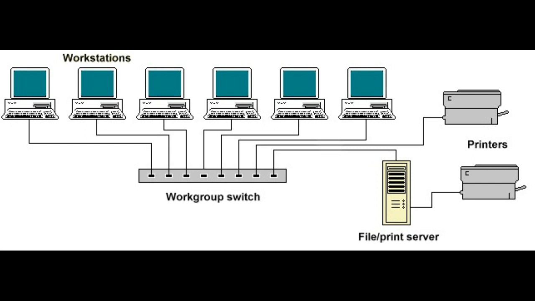Where two or three hubs are available in the network, we can put in a bridge. For example, if one room has 10 computers and another room has 10 computers in the same network, that means the same LAN. Same LAN means the same network address is shared by all the nodes.